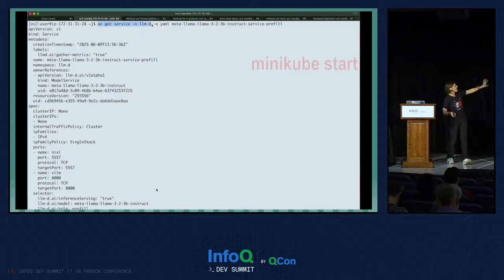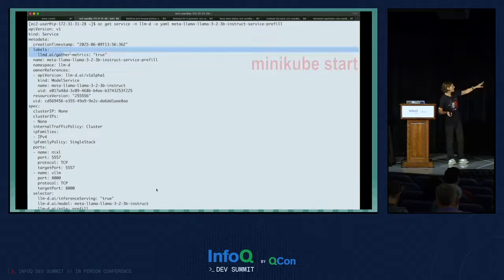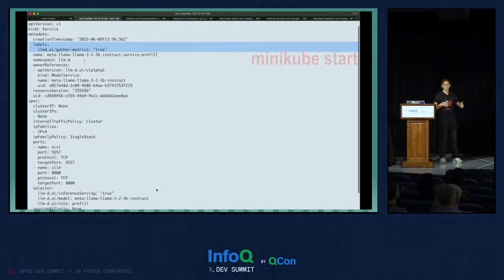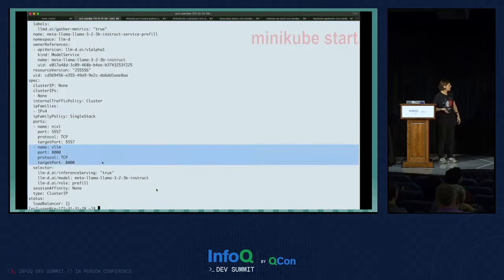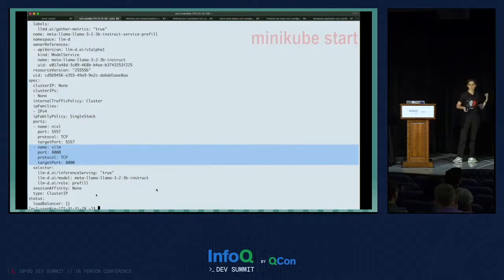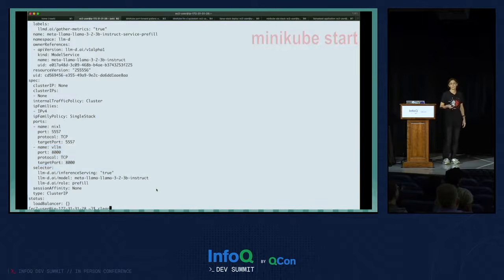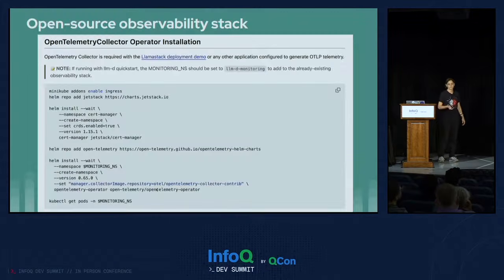So any pod that is managed by the service that has the matching label here will match with the ServiceMonitor that has the match label. And you can see, yes, this service has that port that's listed in the ServiceMonitor. So that's how ServiceMonitors work. And for everything you want to scrape in Kubernetes, you create a ServiceMonitor.